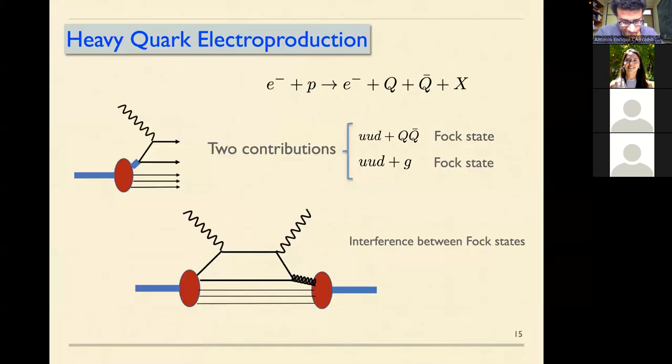And the next result is the following: heavy quark production in electron-proton collisions. The idea is you have an electron and a proton and you produce a pair of heavy quarks. A lot of people have been working on this.